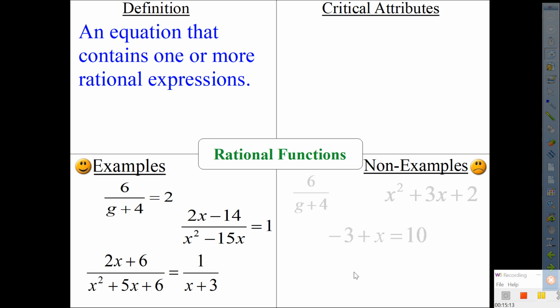These are what they are not. Look at it. Don't copy that yet. Talk to your neighbor, why are these not rational functions? Why aren't they rational functions?